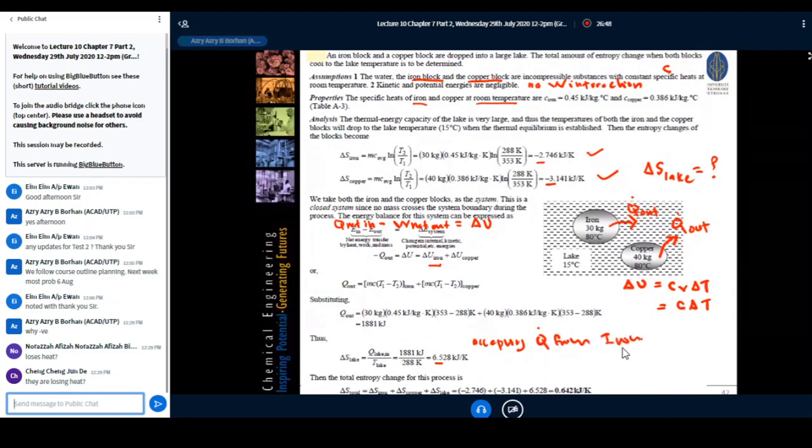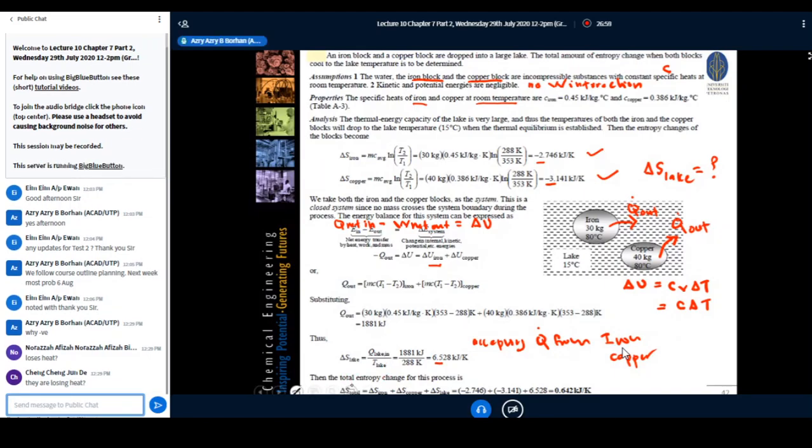So that's why if you find the entropy change of the whole process or system, it must be made up of entropy change for iron plus entropy change for copper plus also the entropy change for the lake.